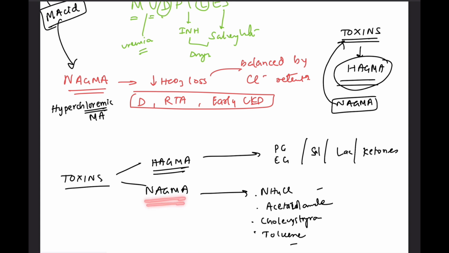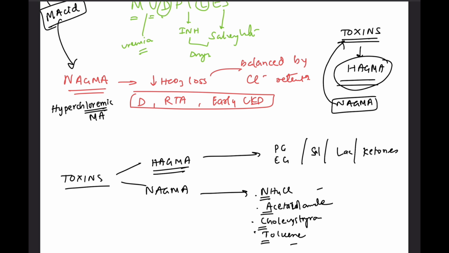And what about normal anion gap metabolic acidosis? Now, this is very important. Remember, we can't really rule out normal anion gap metabolic acidosis in case of toxins, because there are some toxins which cause it, which are ammonium chloride, acetazolamide, cholestyramine, and toluene.